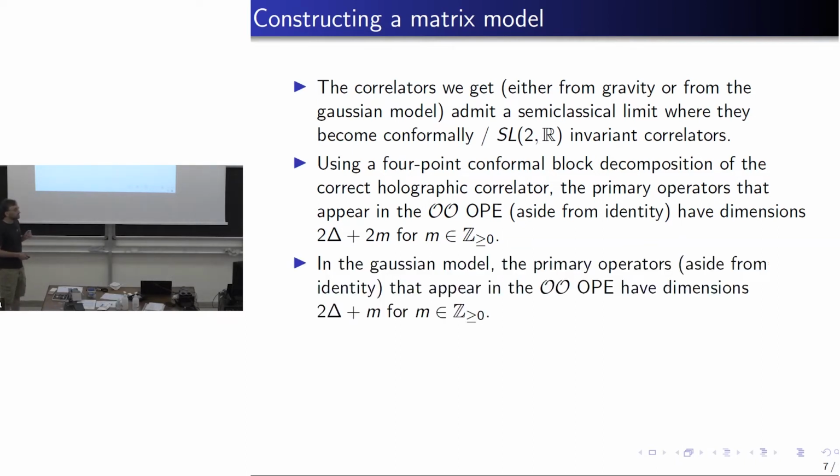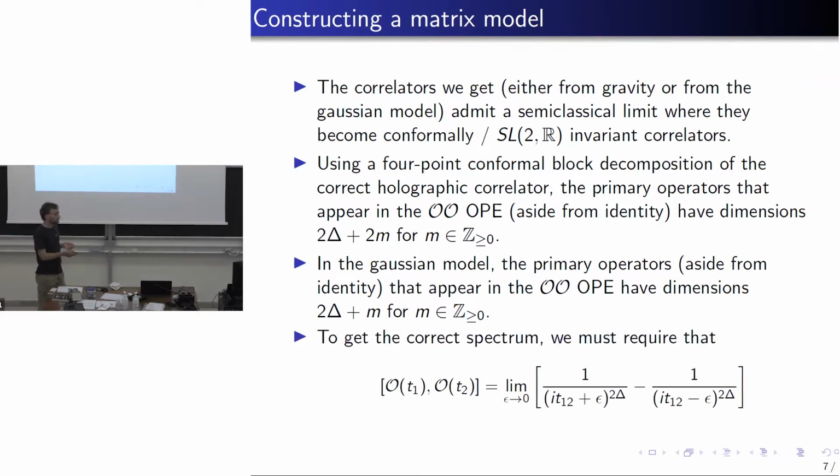Okay, now let's do the same thing, the 4-point conformal block decomposition with the incorrect 4-point function. And so what you'll find is that aside from the identity, the primary operators that appear in the OPE have dimensions 2 delta plus a non-negative integer, including both even and odd. And so I basically want to argue that this difference in the spectrum of the OPE is the reason why the Gaussian model got the wrong answer. And this is going to motivate the fix I want to introduce.